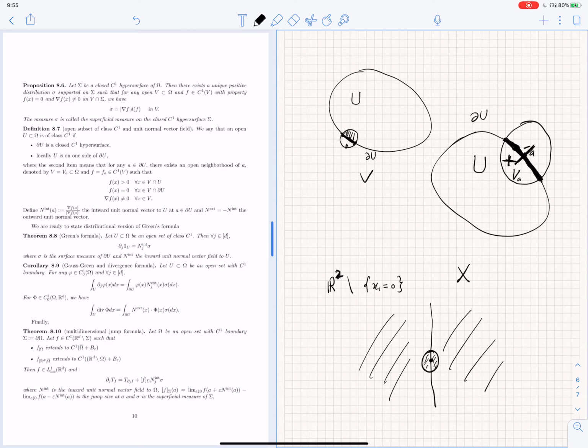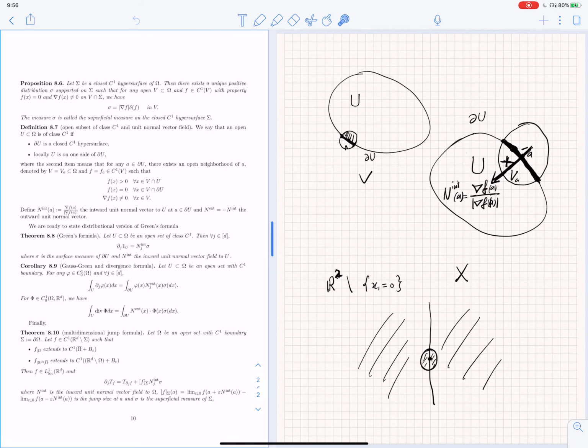Okay, and we're going to consider the gradient of f. So this direction is actually determined by the gradient of f. If we divide it by the Euclidean norm of the gradient of f at A, then we have a unit vector. This vector will be called the inward unit normal vector to U at the point A, where A is a point on the boundary of U. This here is our definition.